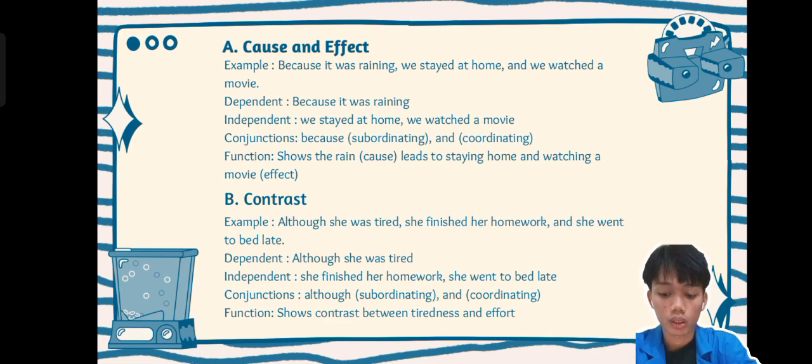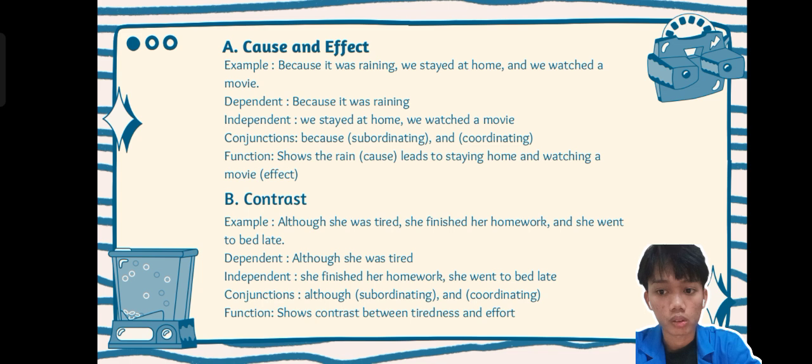Let's start with a cause and effect example. Because it was raining, we stayed at home and we watched a movie. The dependent clause, because it was raining, expresses the cause, while the two independent clauses, we stayed at home and we watched a movie, show the effect.